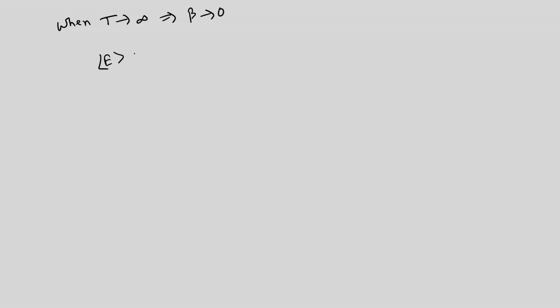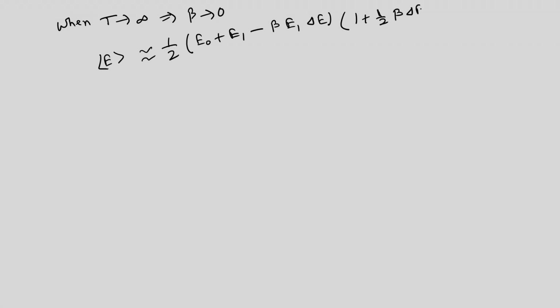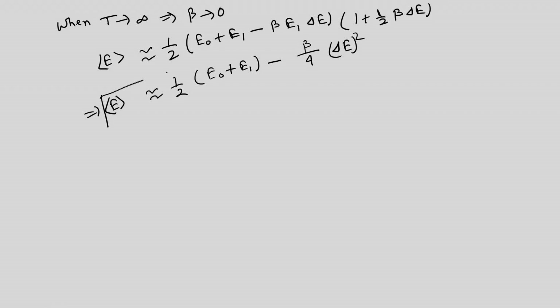So, average energy is half times E0 plus E1 minus beta times delta E times 1 plus half beta delta E. So, we get E average equals half times E0 plus E1 minus beta by 4 delta E to the 2.